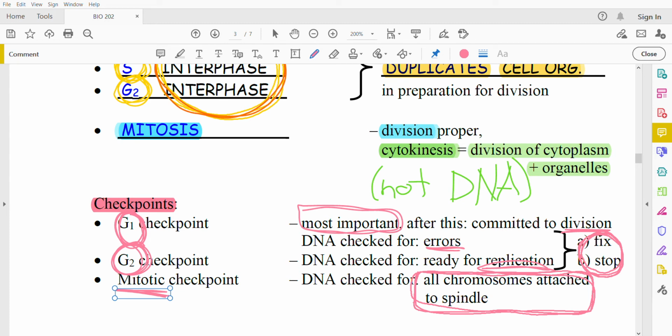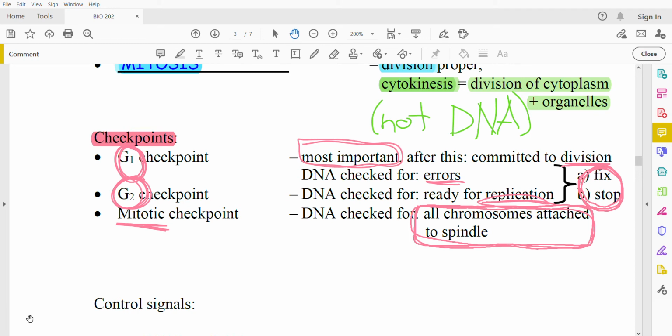But if all of the chromosomes have not attached to the spindle by the time the cell reaches the mitotic checkpoint, the mitosis will not proceed ahead. There's an error. The cell has not accomplished the goal that we have set for it, so the cell will not proceed any further. I hope that makes sense.